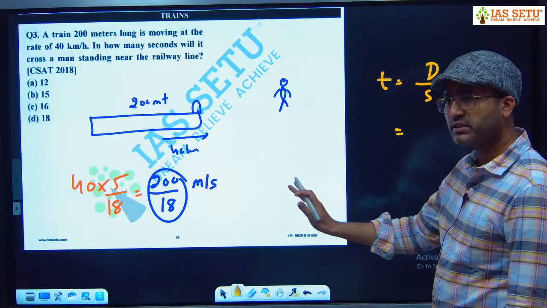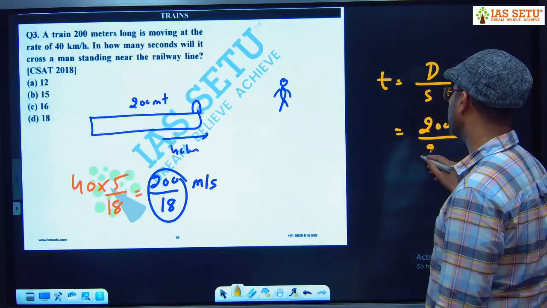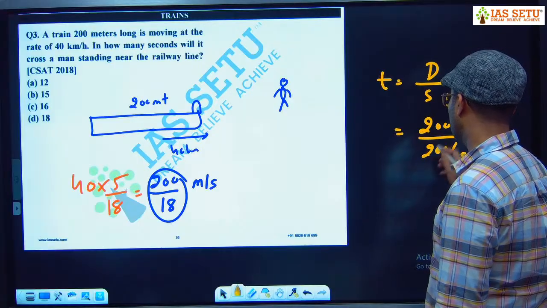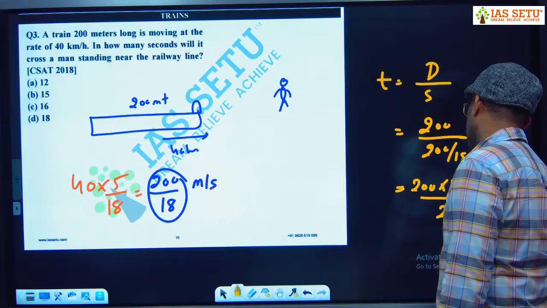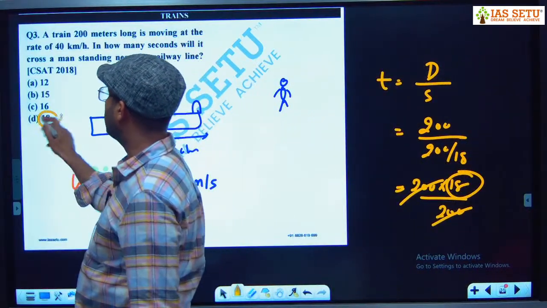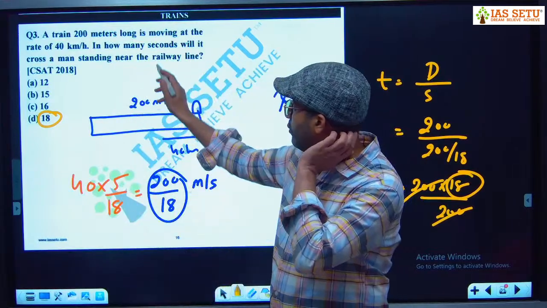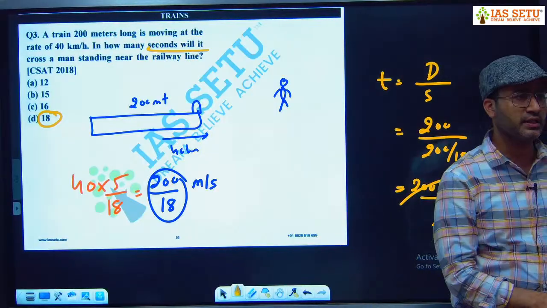Length of the train is distance only, 200 meter, and real speed in meter per second is 200/18. इसको उल्टा कर दो, 200 into 18/200, so 18 second is your answer. In how many seconds will it cross a man standing near the railway line? 18 second.